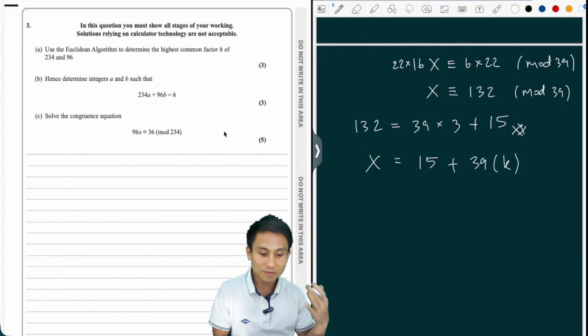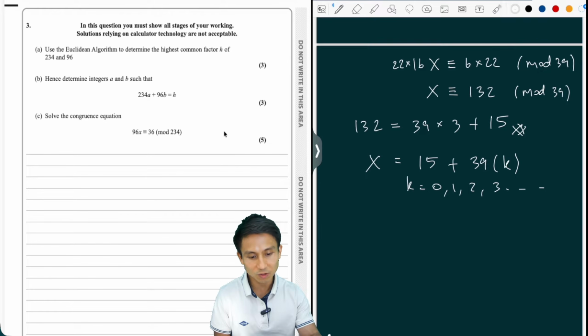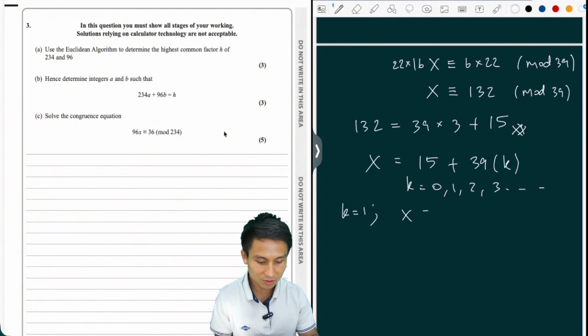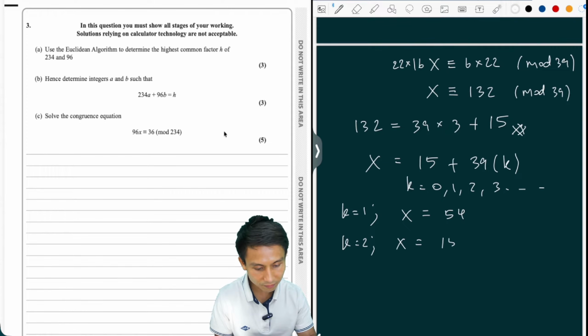So we just keep going, substituting k equals 0, 1, 2, 3. We already got the first one because when you sub 0 in, you get the principal solution. So if k is 1, then you get x to be 39 plus 15, so that's 54, yeah? If k is 2, then you get 15 plus 78, so that's 93, right?